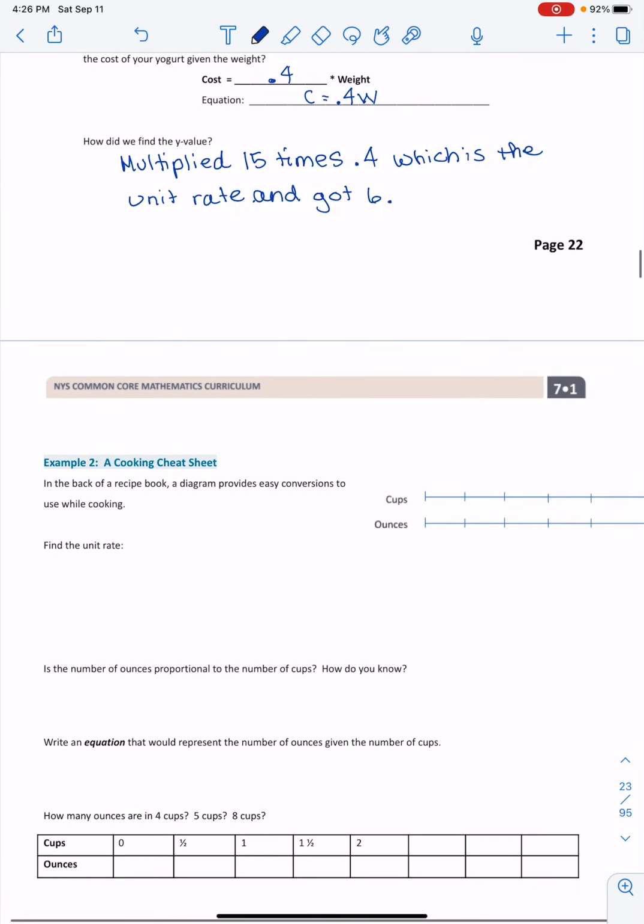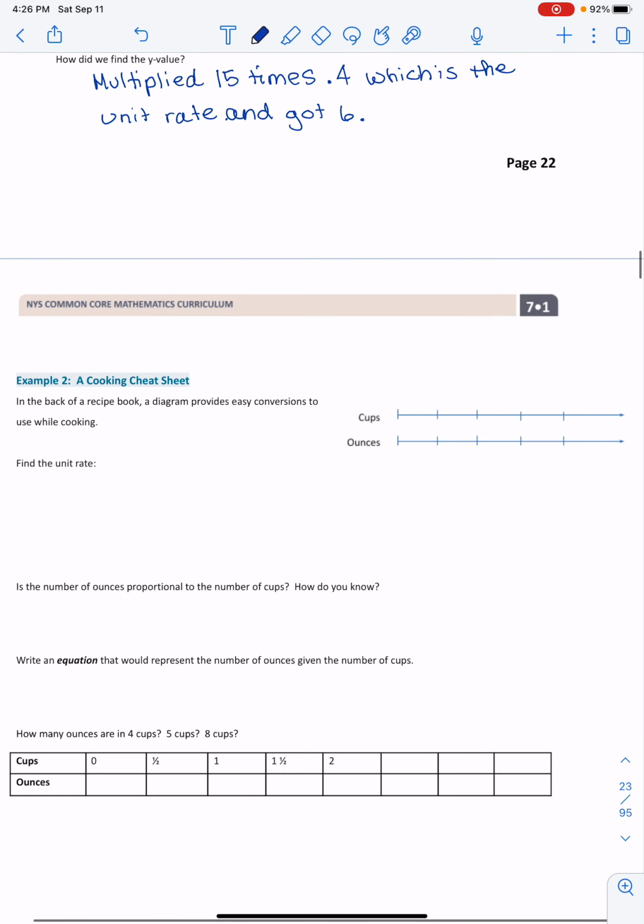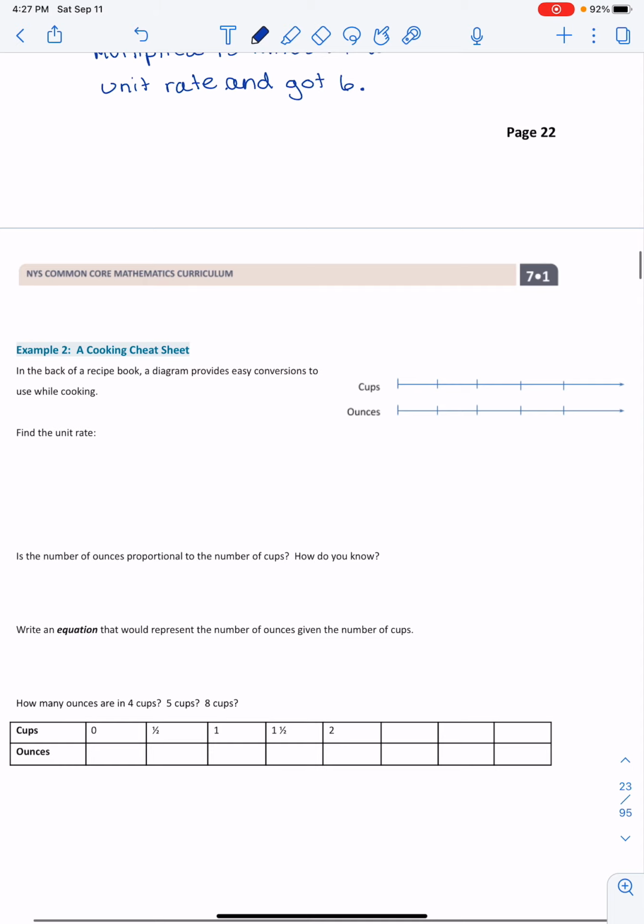So now, our next question, it says, in the back of the recipe book, a diagram provides easy conversions to use while cooking. So here we have, and unfortunately the book didn't copy over, so I'm going to put these numbers in.